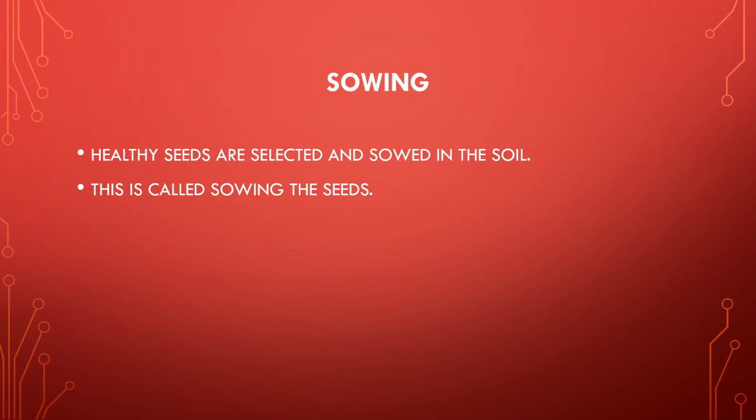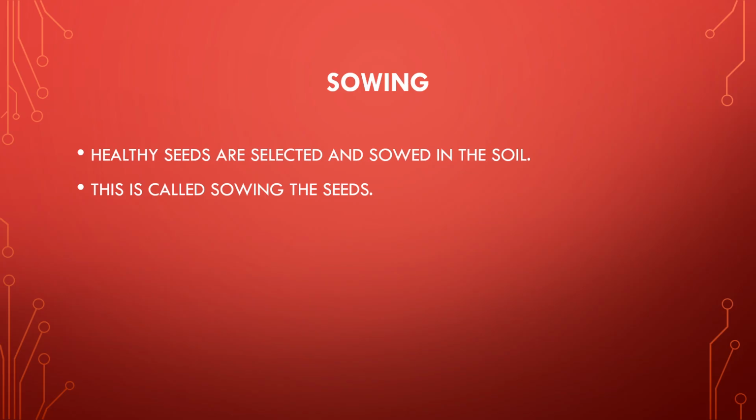Now we are doing sowing. Healthy seeds are selected and sowed in the soil. This is called sowing. Care is taken to leave enough space between the seeds so that they can grow well.